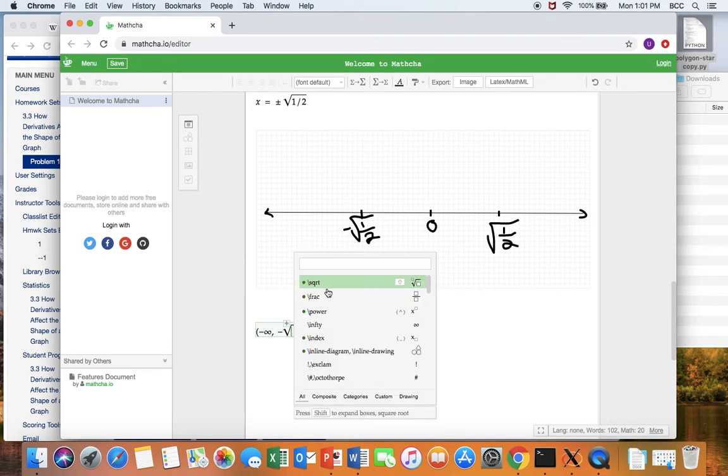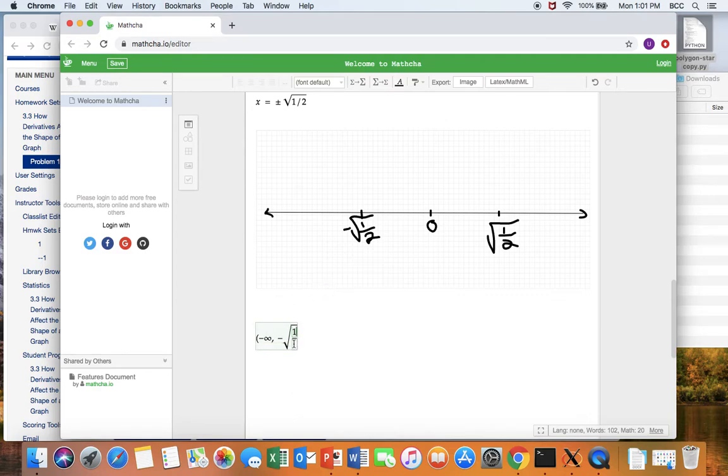Let me write it in fractions so it's better to see what's going on. So that's one piece. That's one interval. What's the next interval? Negative square root 1 over 2 until 0.